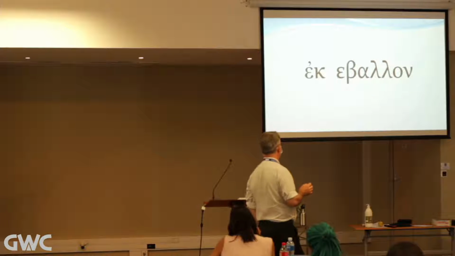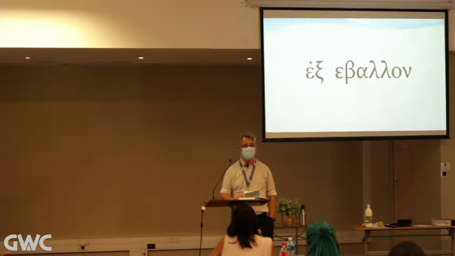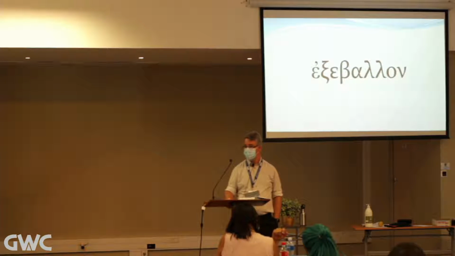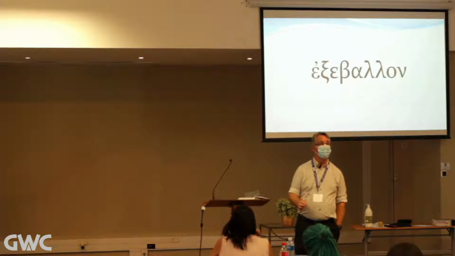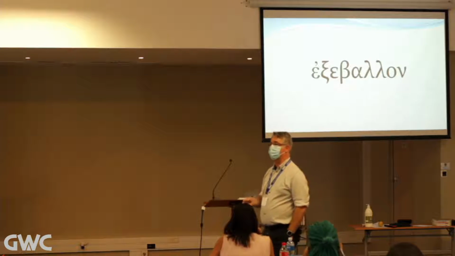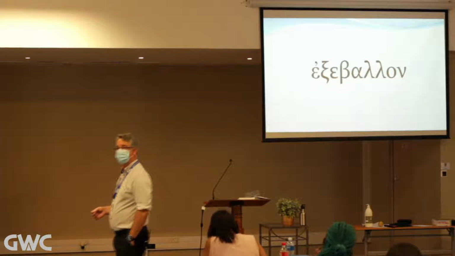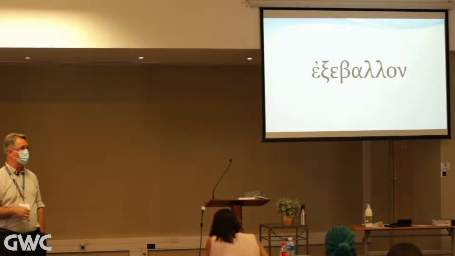So ek goes to X. Now I can put my verb back together, and my imperfect form of ekballo is actually exebalon. Exebalon would be the imperfect form of ekballo.